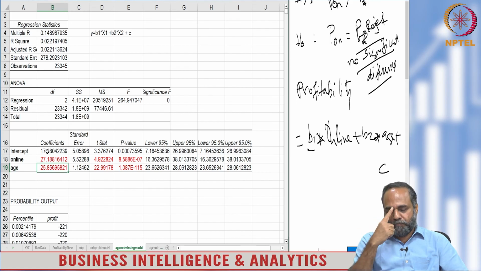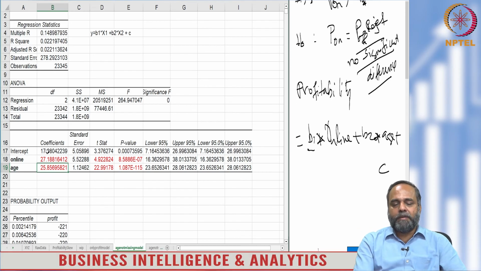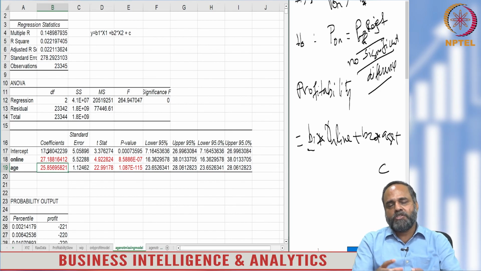If not, don't do it, or do something else. Now, with these results, we have seen that with age, the online profitability increases. So, along with age, go for some sort of more specific action ideas.